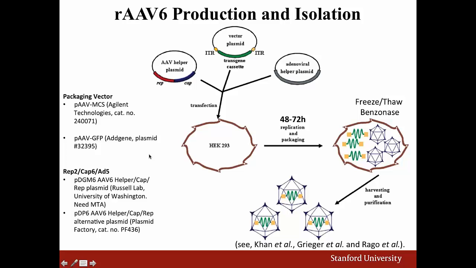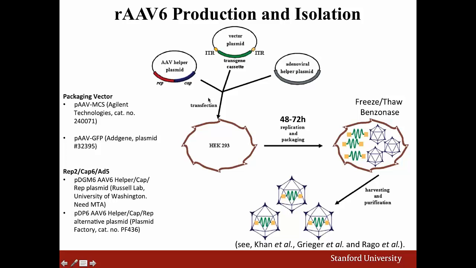Shown here is the triple transfection method, but we actually do a dual transfection method because we got a helper plasmid from the Russell lab called pDGM6, an AAV6 plasmid that has all those components in one plasmid. You can obtain it from the University of Washington with an MTA if you contact the Russell lab. If you don't want to file an MTA, there's a pDP6 sold by the Plasmid Factory that we've shown is equivalent to pDGM6.